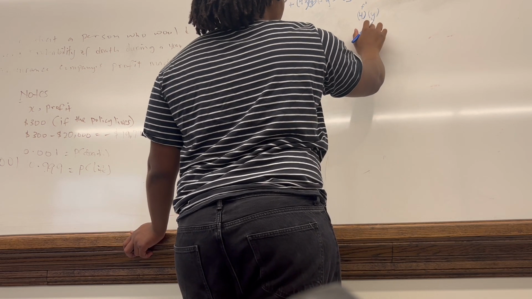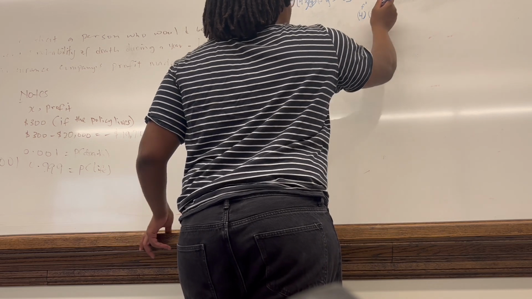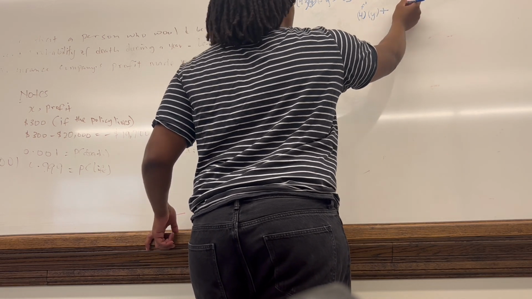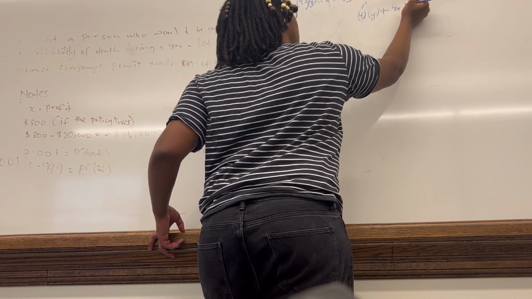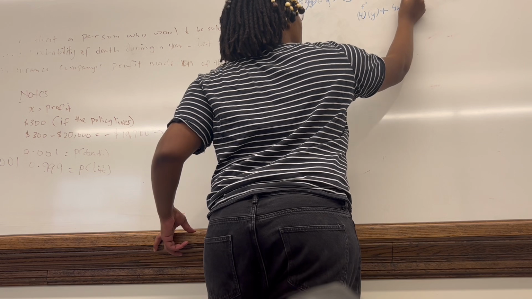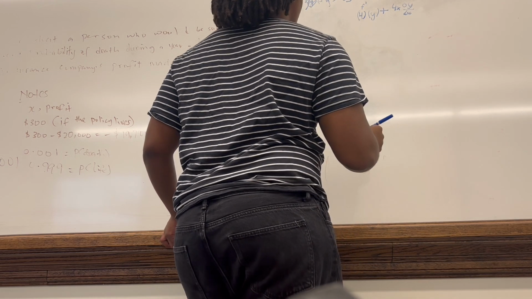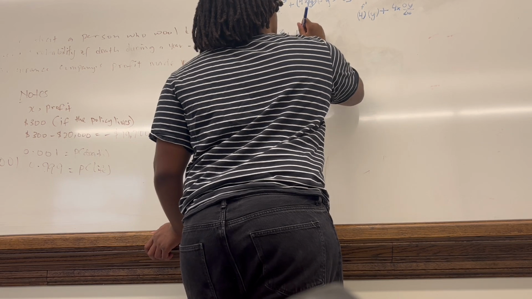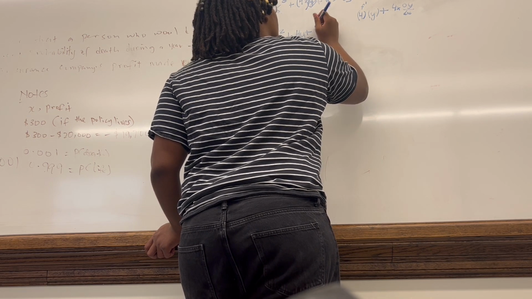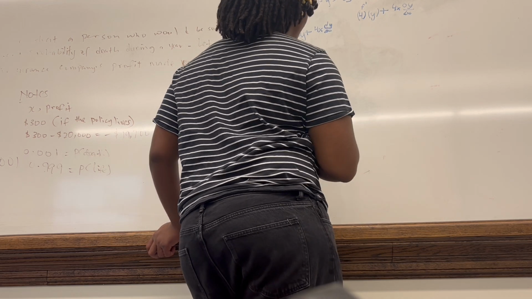Because you have the derivative of x, there's no reason to add dy dx. And then you're going to add that with 4x. And now you find the derivative of y, which is just 1. So instead of adding that, you put dy dx. So you're going to add 4y plus 4x dy dx. Very easy, very simple.